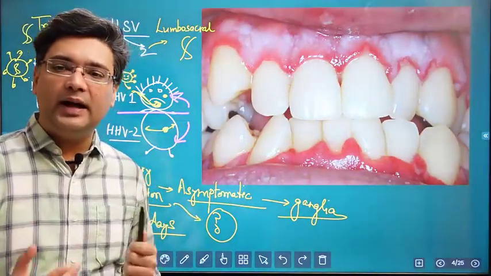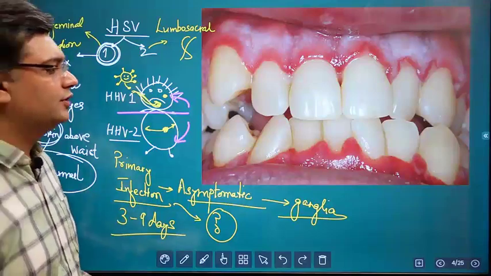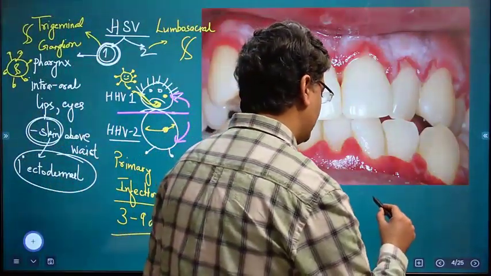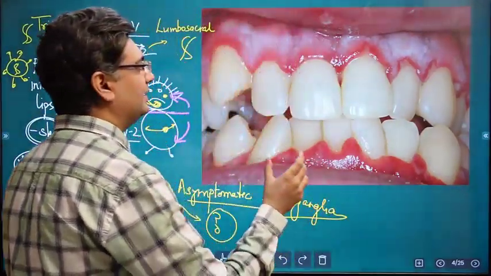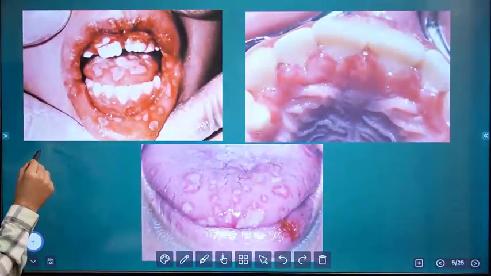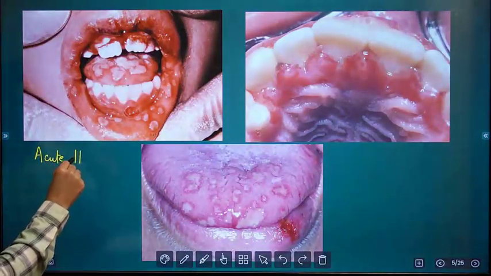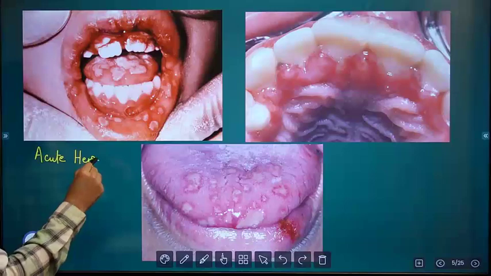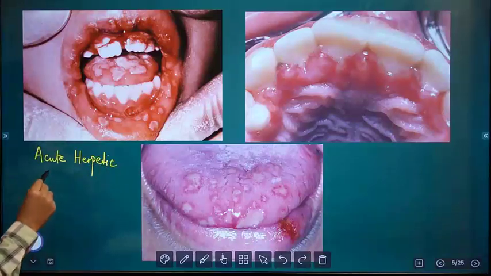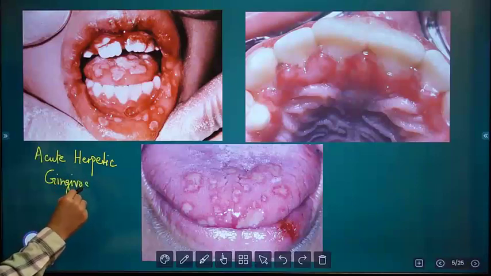Those who are actually infected are said to have a condition which is acute herpetic gingivostomatitis. Let me just write the name here. What is the name? It is acute herpetic gingivostomatitis.